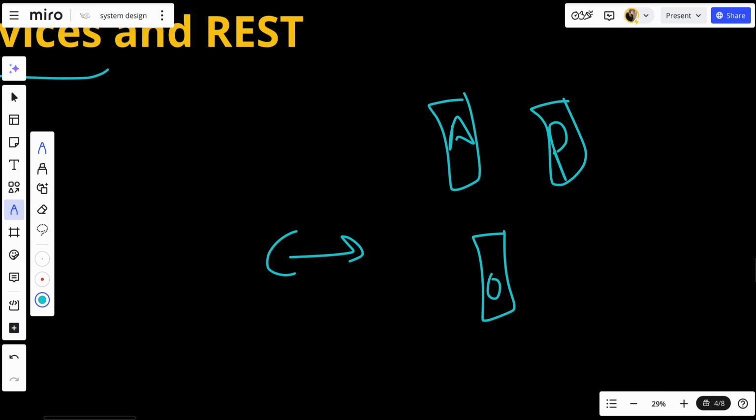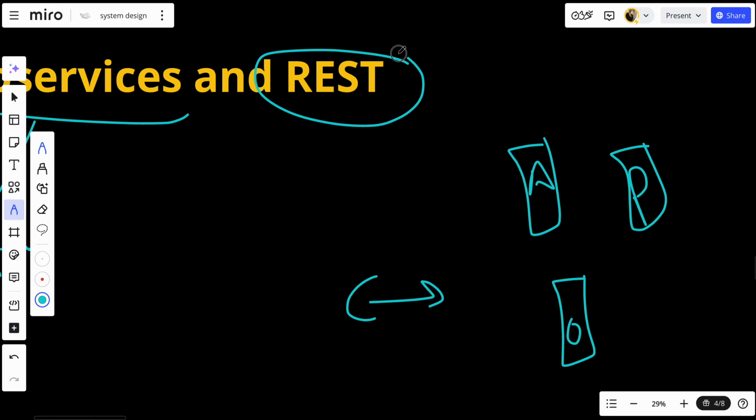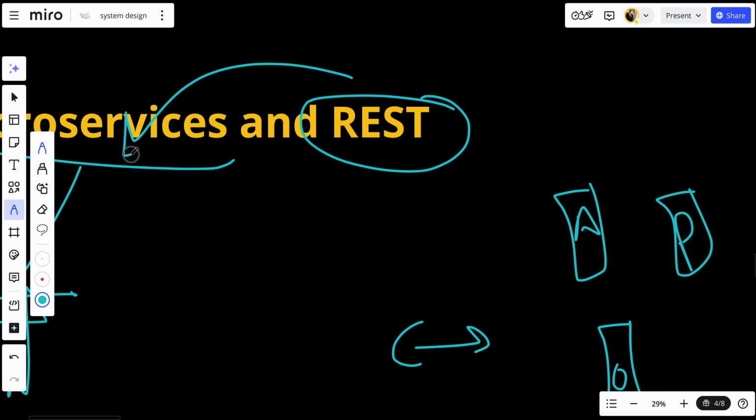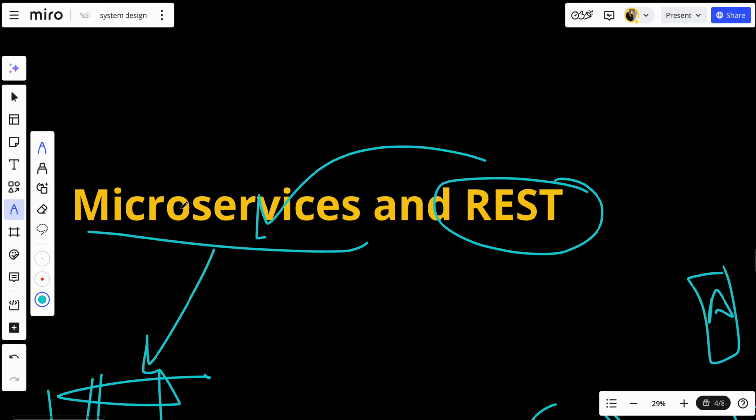So let's talk about the role of REST in the microservices architecture. Where does REST come into play? In a microservice architecture, each service often exposes a RESTful API that other services or clients can interact with.